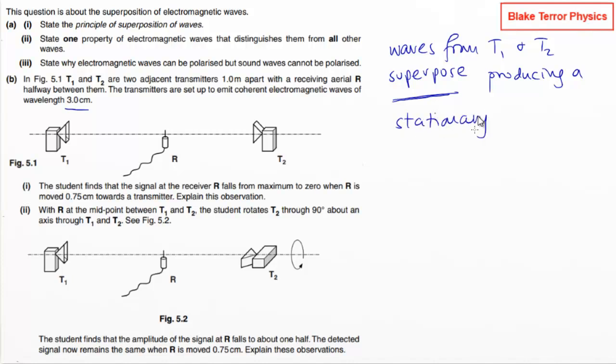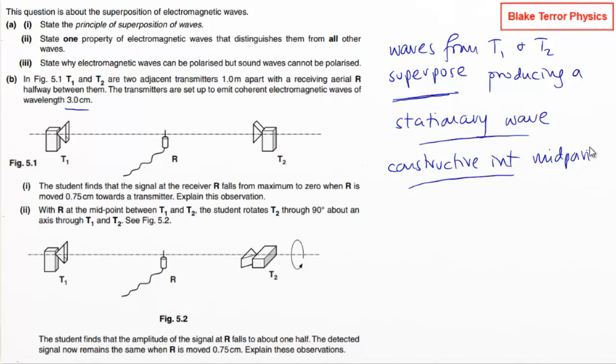Either one's fine. So that's another key term that we want to get in. We're going to have constructive interference at the midpoint R. So that means we're going to have a maximum signal.